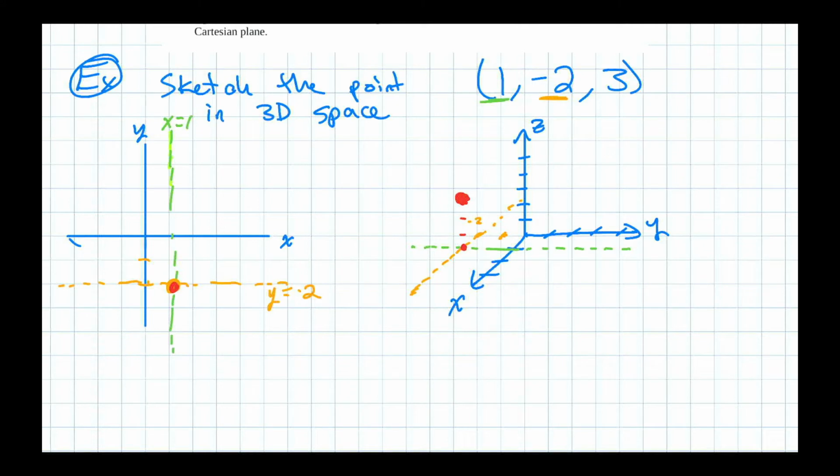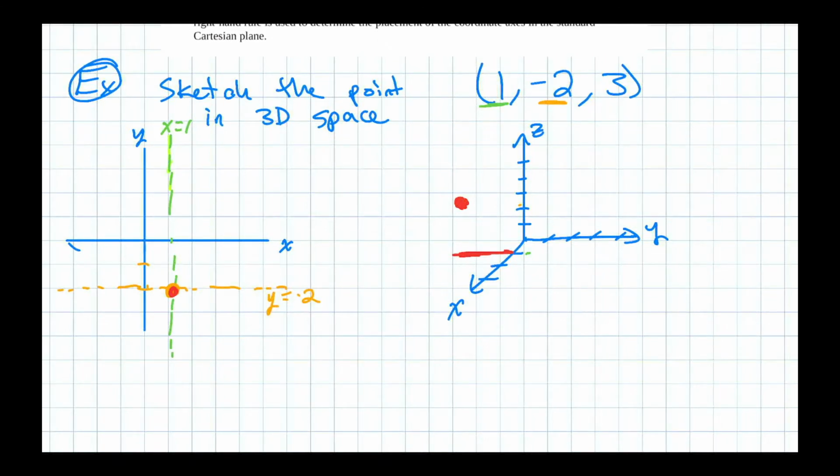And they draw this a little bit differently when they draw it in the book. So what they do is, let me erase these lines. The way they would draw this in the book is they go, okay, we are at 1, and then we know we are at -2, which is like this. 1, -2, and then you go up, and then that gets you where you're going.